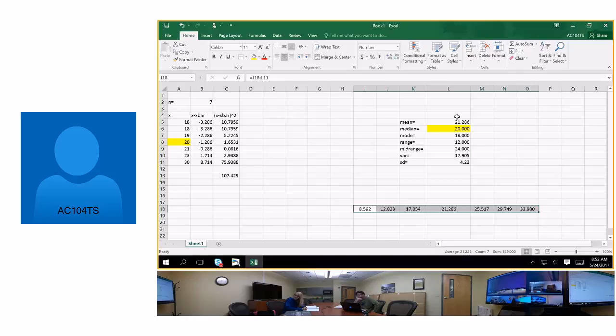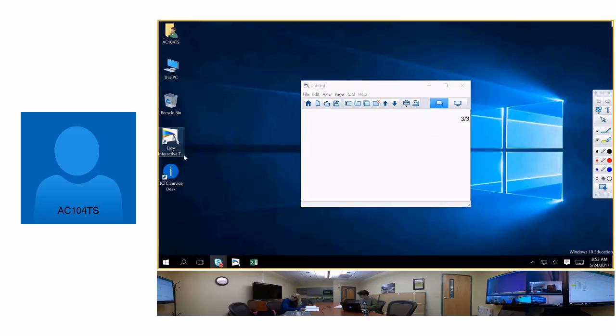You take 18 minus 21.286, and then you square it. But even if I did it with the 3 decimals, I get what they get. Isn't that weird? I don't know what the calculators are doing.